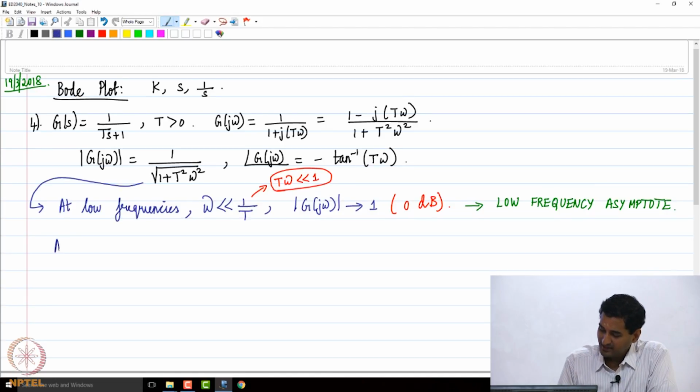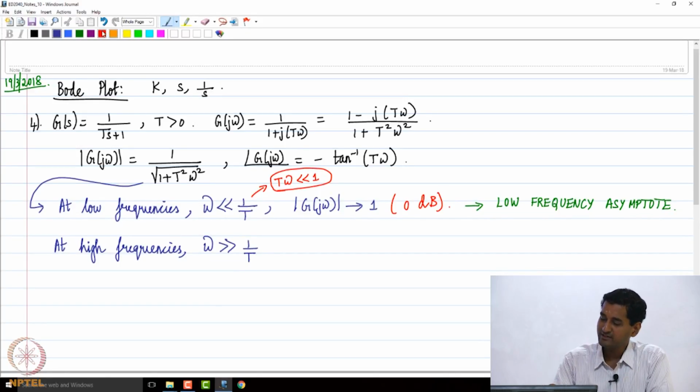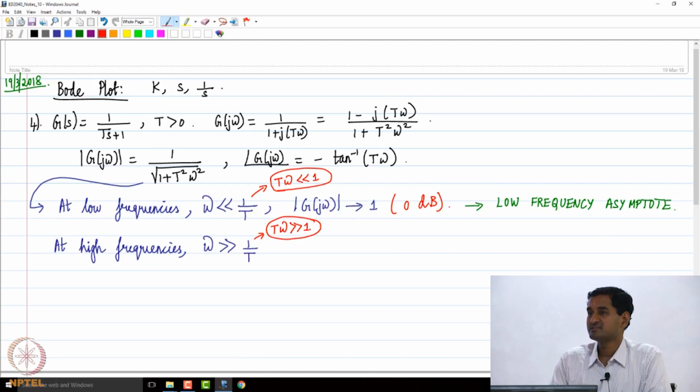Now at high frequencies, what do I mean by high frequencies? When omega is much greater than 1 by T, what's going to happen to T omega? You can immediately see that T omega is going to be much greater than 1. Let us say T omega is 10 power 2, let us say 100, right?